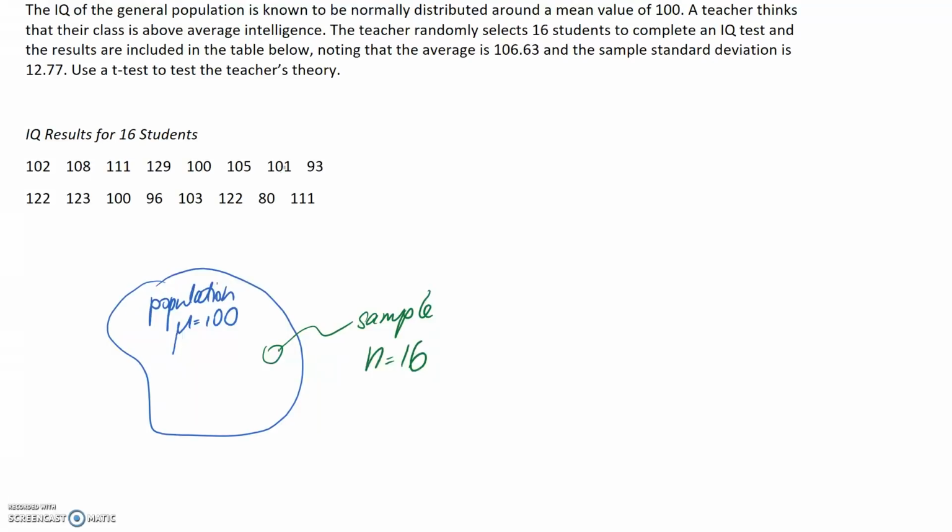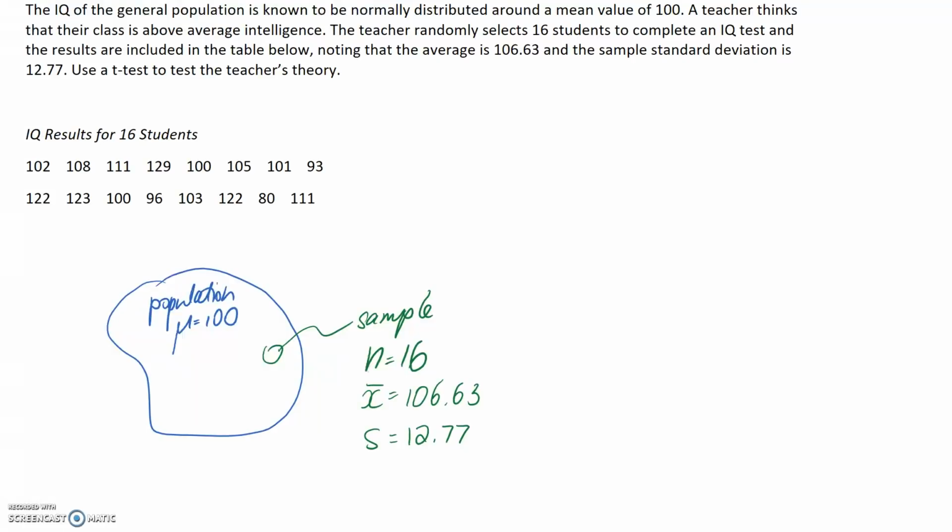You could if you wanted to. It would just be applying the average and standard deviation equations to this data set. So the average, we're going to call it x bar, okay, so that's the 106.63, and the standard deviation we're going to call s, and that's the 12.77.